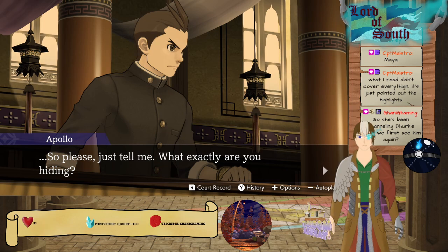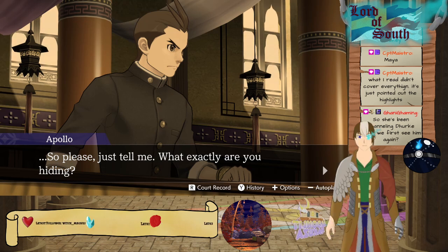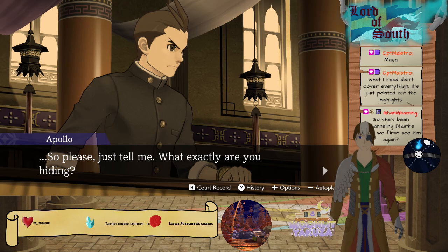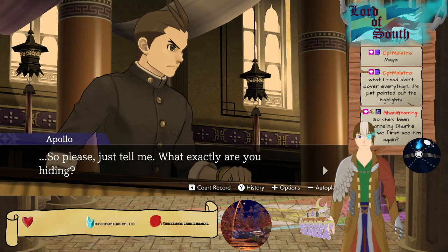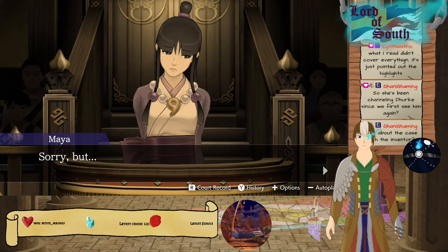But in the tomb, Amara was there as well. So did Amara force Daruk out of Maya? No, wait, they must have planned this because Maya actually had her clothing. I actually don't know. We are going to have to find this out. I am stuck with this right now.